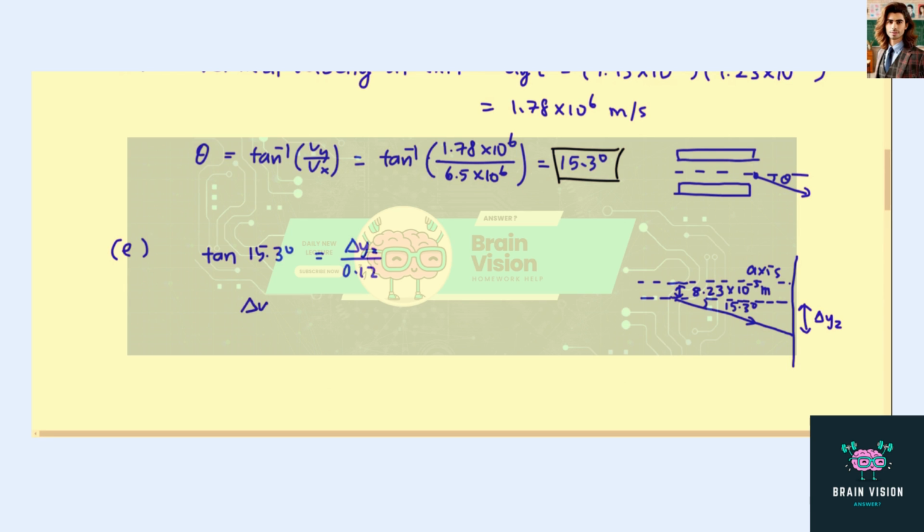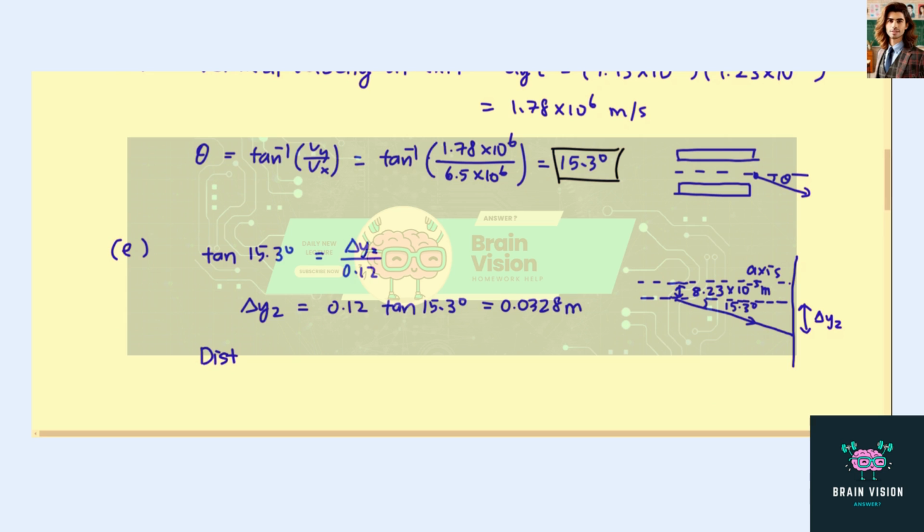So delta y2 is 0.12 times tangent 15.3 degrees. If you do this, you get 0.0328 meters.